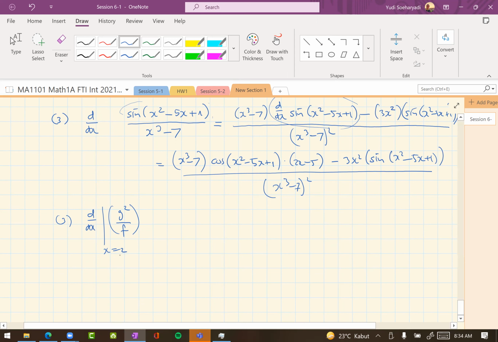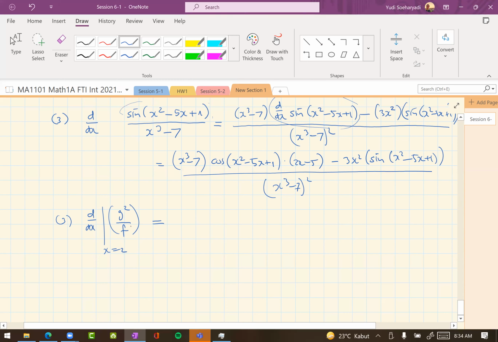So compute this and plug in x equals 2. This is also a combination of the product rule, and the derivative of g squared uses the chain rule. This is a quotient. Let's compute this. How do we compute this?